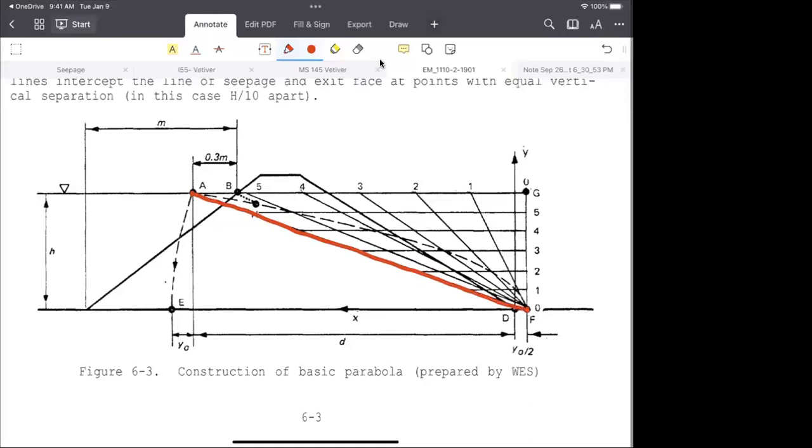And then you draw another line, which is G and F.